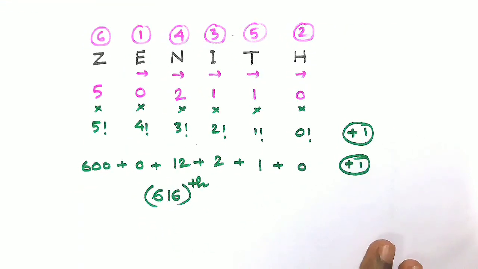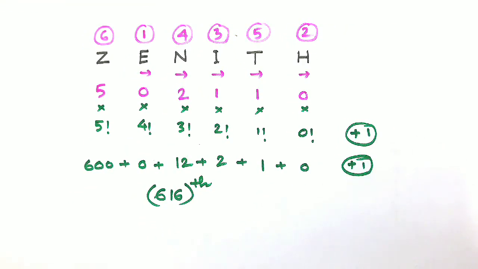Now friends, it is your time to do it by yourself. So this is DIY, do it yourself. Some words I will give you and you have to find out the rank of the words in the dictionary, with or without meaning. First one, rental.